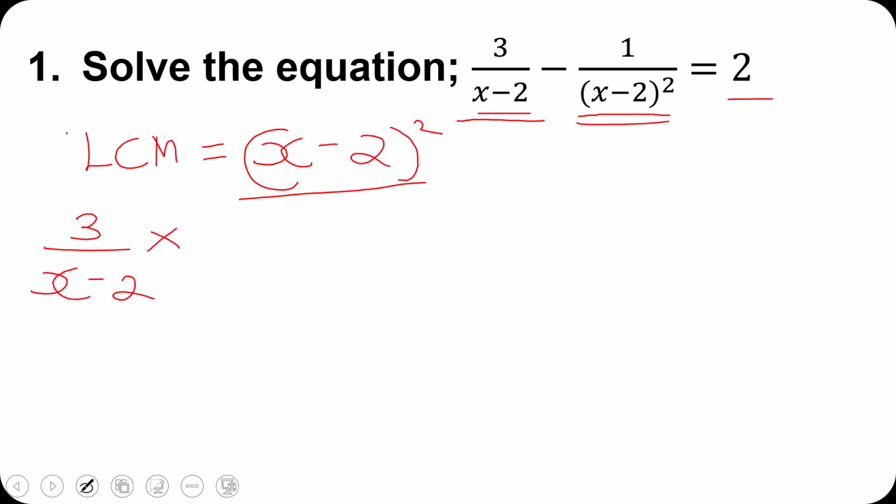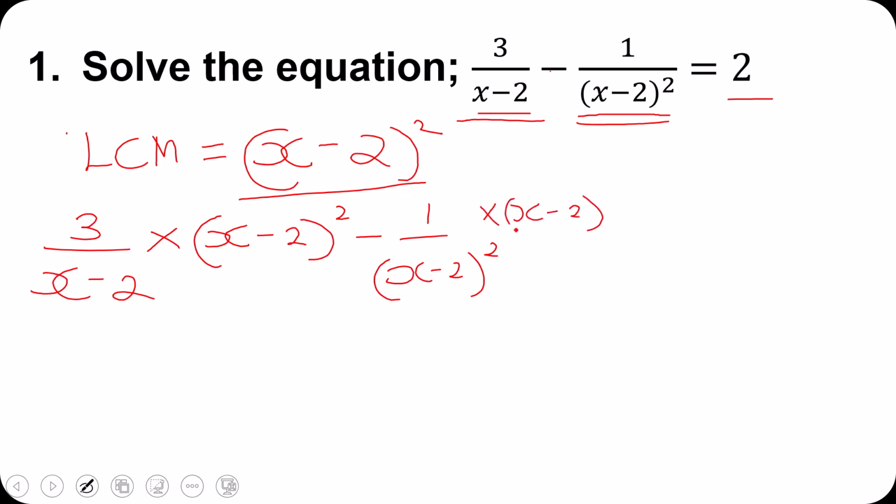We multiply it with the LCM, which is x minus 2 squared. Then we subtract 1 out of x minus 2 squared. Then we multiply this by x minus 2 squared. Then we equate it to 2 multiplied by x minus 2 squared.